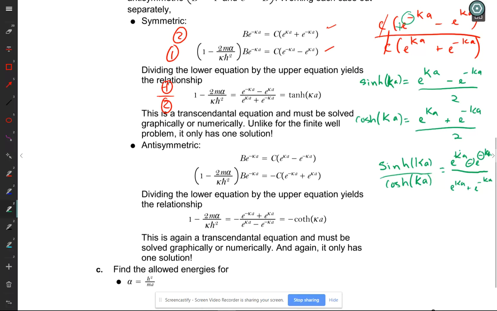So all I have to do is multiply by -1. So this here is equal to negative sinh kappa A over cosh kappa A. And just like with sine and cosine, sinh over cosh is tanh. So that's equal to minus tanh of kappa A.